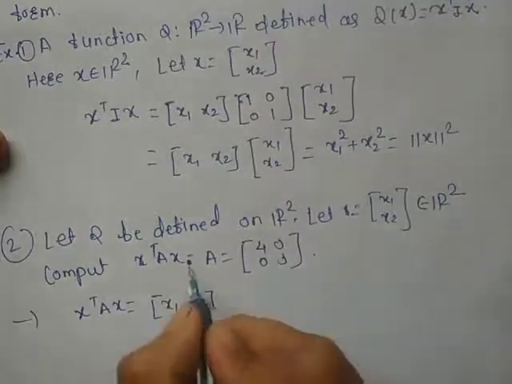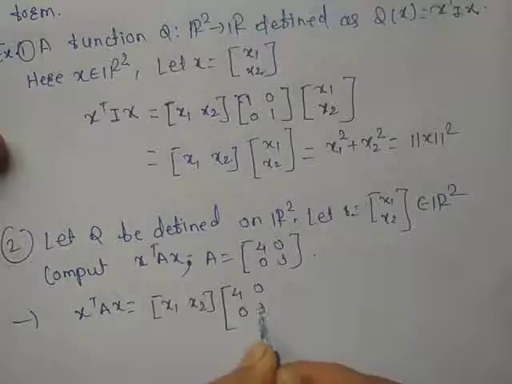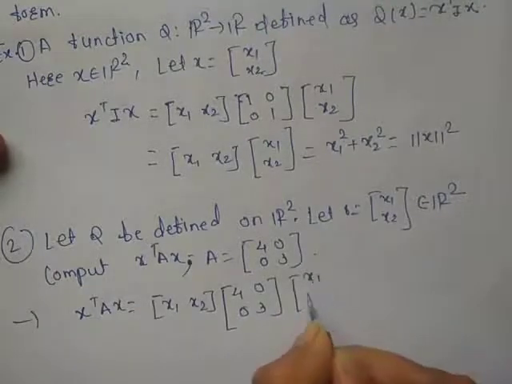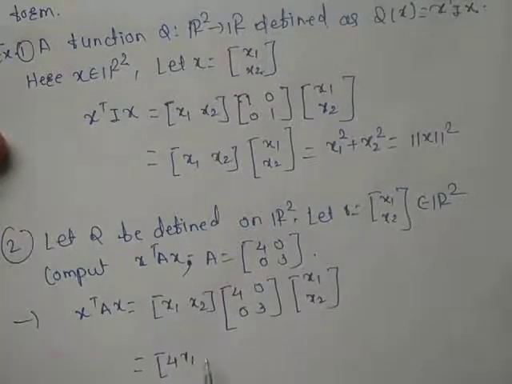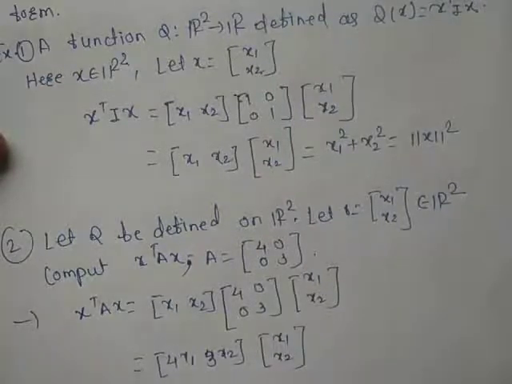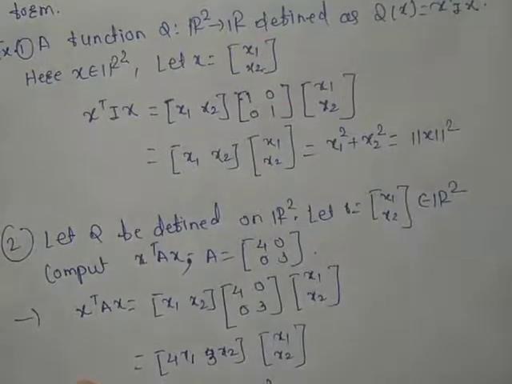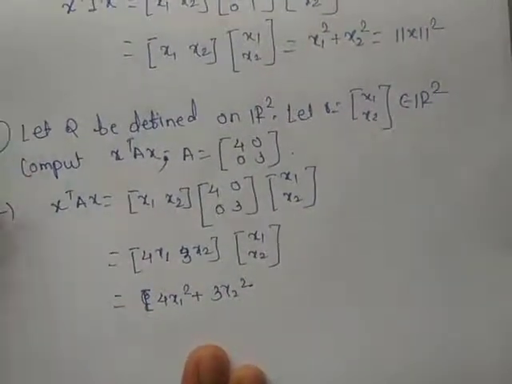So this is 4x1, 3x2 times the vector x1, x2, which equals 4x1 squared plus 3x2 squared.